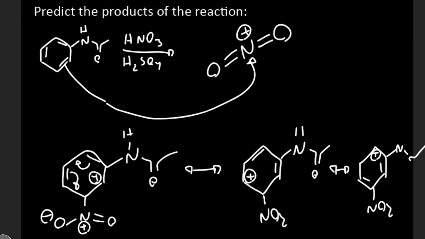So the idea is this positive charge isn't ever touching this carbon, the carbon that holds the amide group, who is, as we said earlier, an electron donator, because he has that lone pair and can donate into the ring. So this intermediate wouldn't really be very stable because the positive charge doesn't have any stabilization at the meta position.